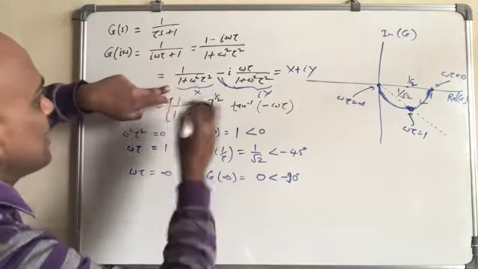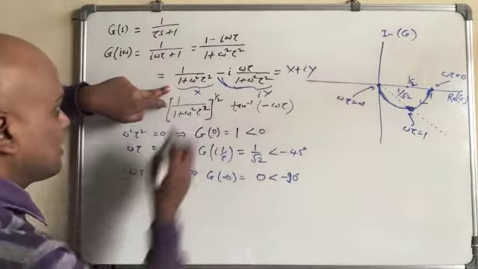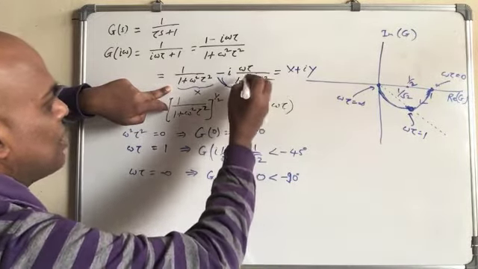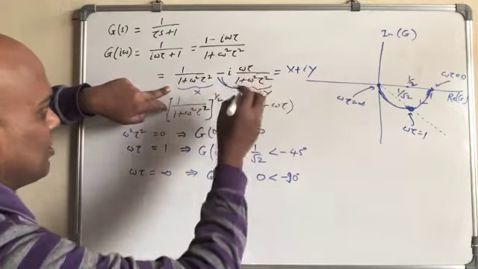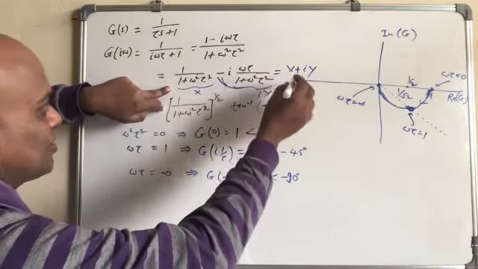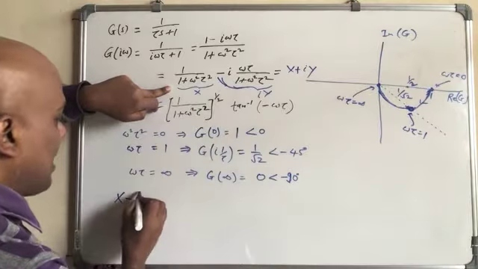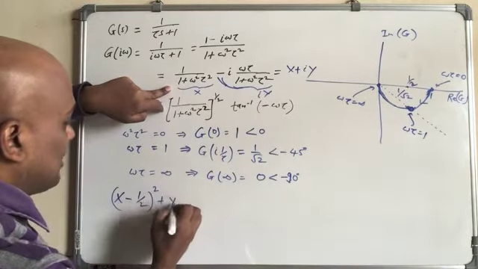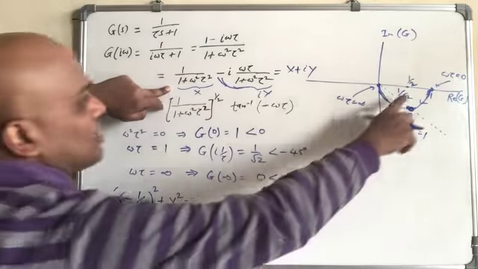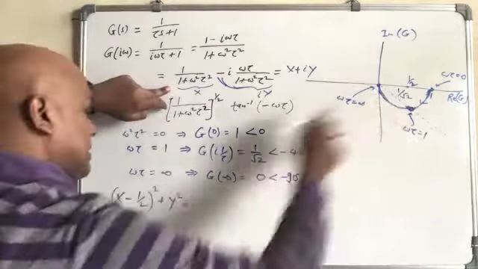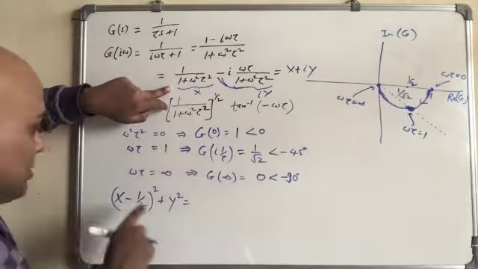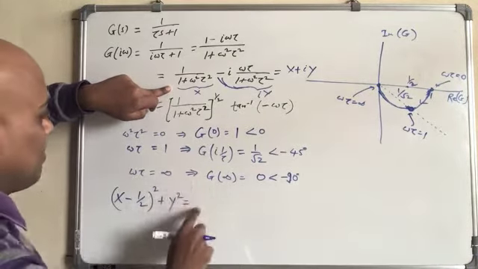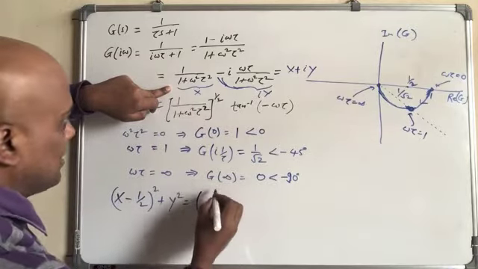We can say here x plus i y, where i y equals minus i omega tau over 1 plus omega square tau square. If this is a circle, the equation of the circle will look like x minus half square plus y square.